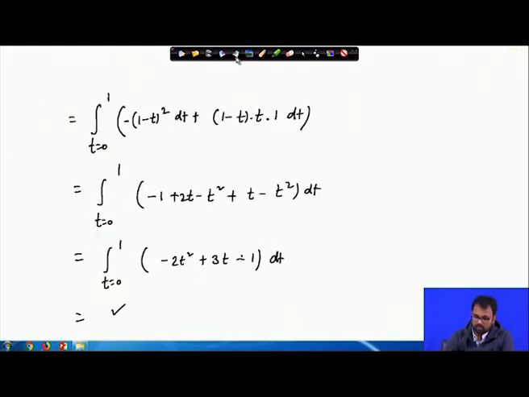All right, we'll work out maybe one or two more examples. So let's do that. Here we have example three.